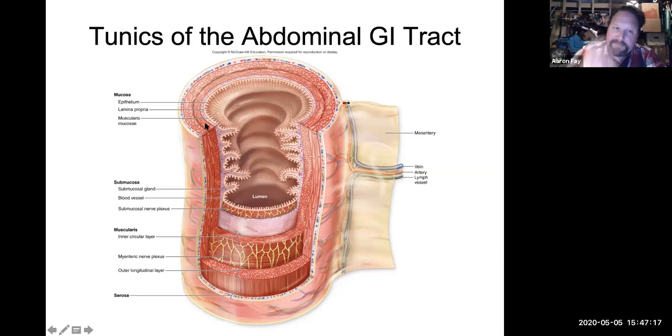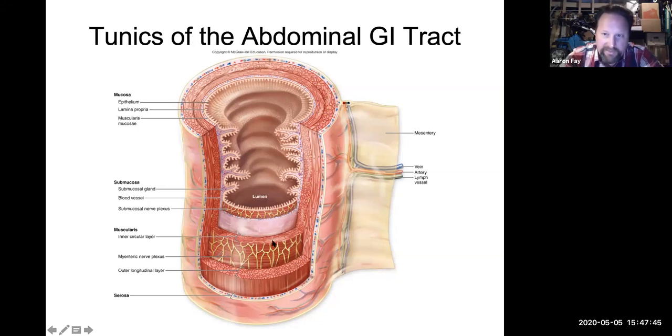Now, deep to the lamina propria, we have the muscularis mucosae. Be careful here. The muscularis mucosae is a very thin layer of smooth muscle that's part of the mucosa. The muscularis mucosae is not part of the muscularis. Don't confuse these two things. This thick muscular wall, that is part of the muscularis.